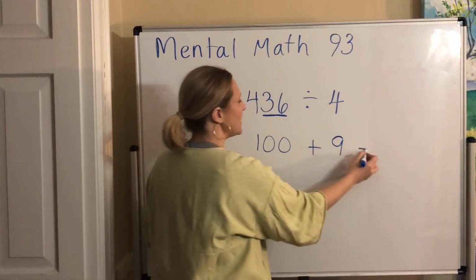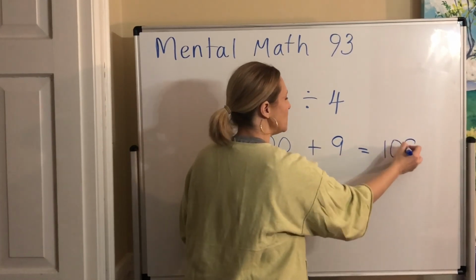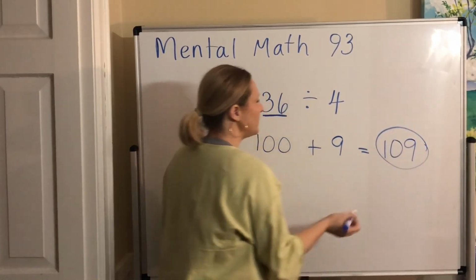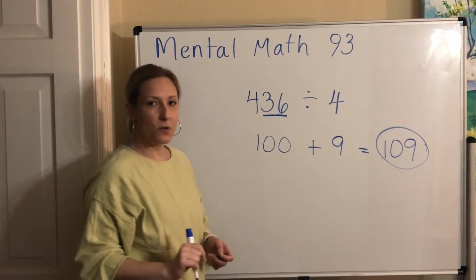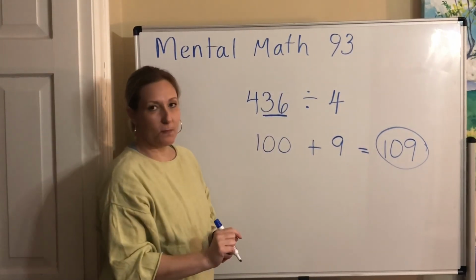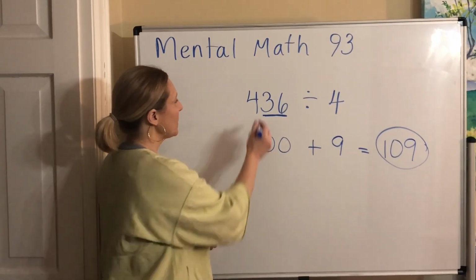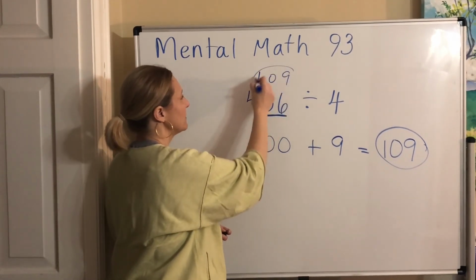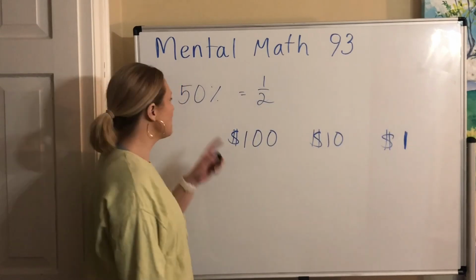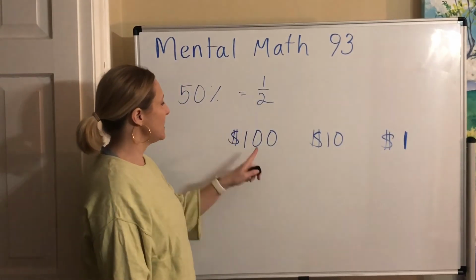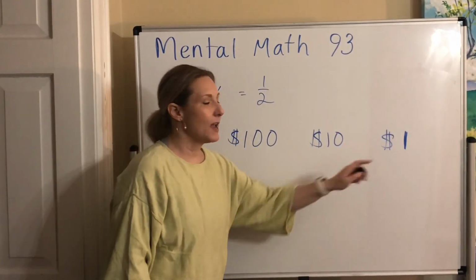So 100 plus 9 would be 109. And if you were to divide this out the way you usually do in the traditional method, it would come out as 109.